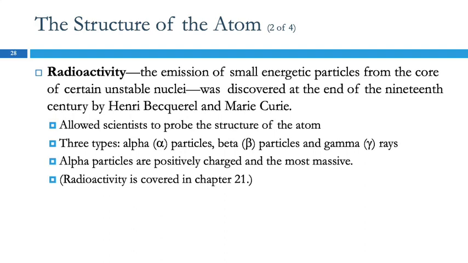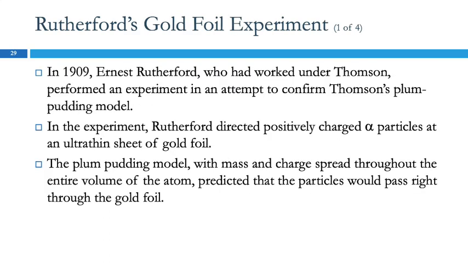The problem with studying an atom, which is like crazy small, is if you want to look at what's inside the atom, you need something that's even smaller that you can poke it with, basically. So there's three main types of radiation: alpha particles, beta particles, and gamma rays. The alpha particles have a positive charge on them. They are the largest of the radioactive particles. And radioactivity will be covered in Chapter 1 in Chem 1B. We just need to have an idea of what it is.